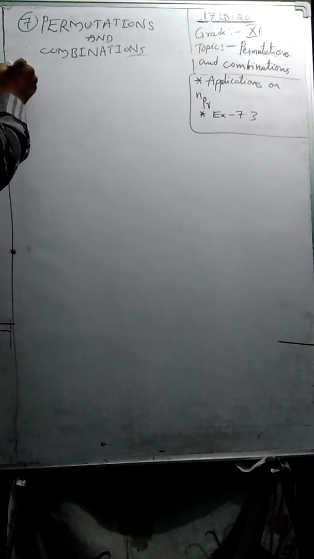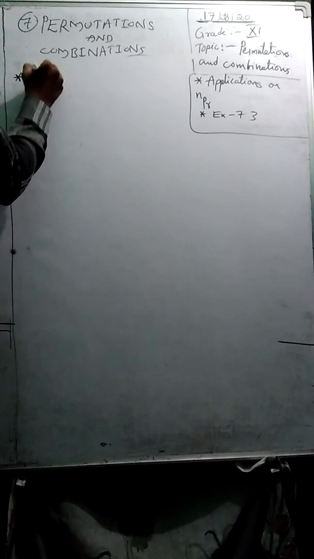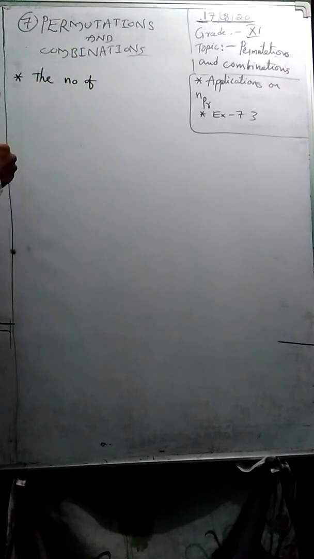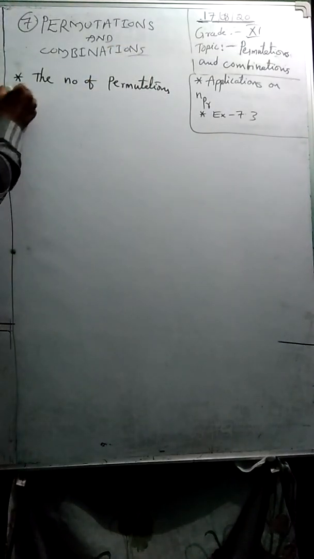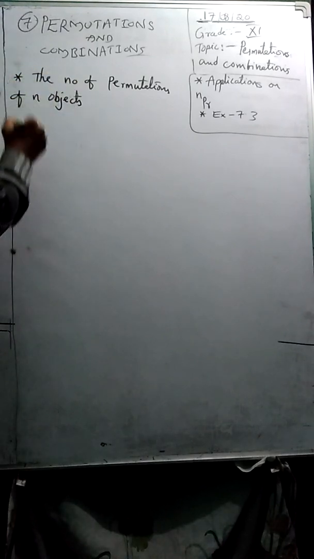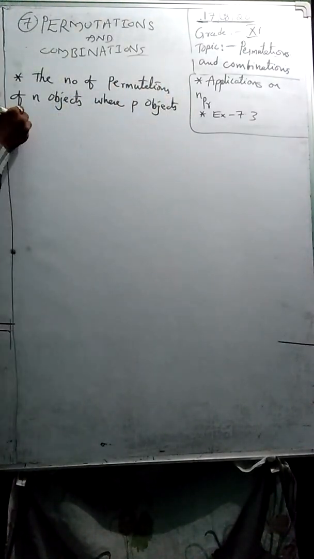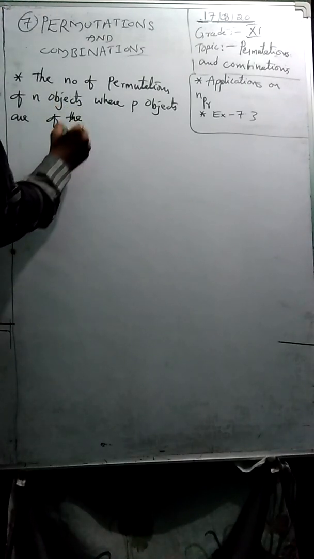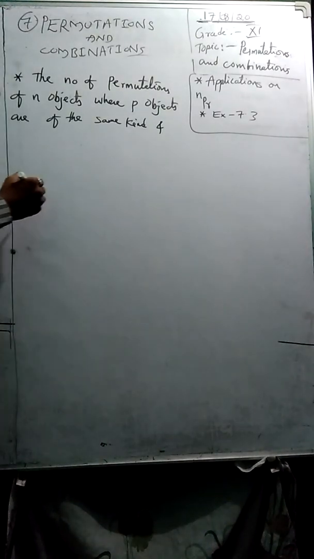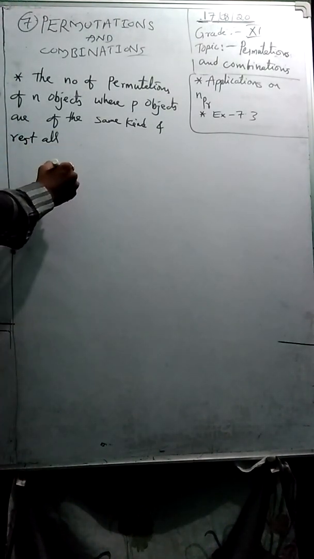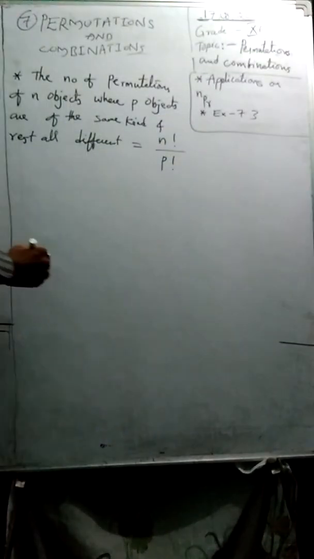First, the number of permutations of n objects where p objects are of the same kind and the rest are all different: the number of arrangements is n factorial by p factorial.